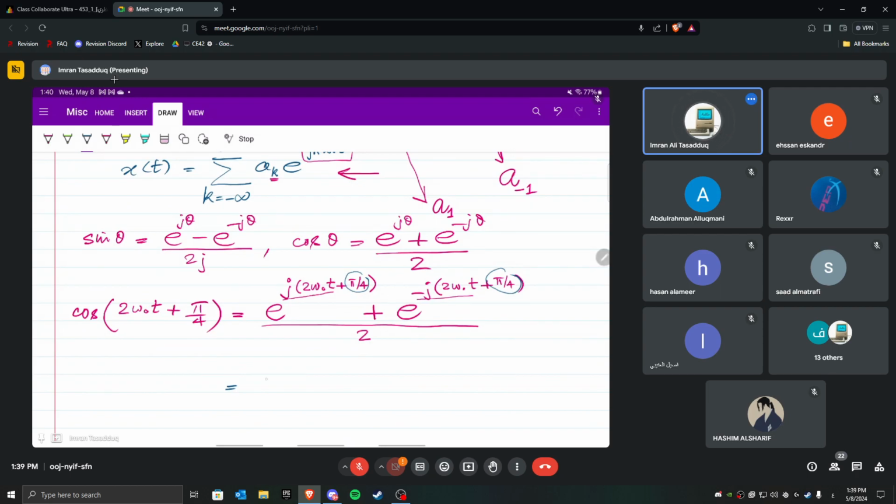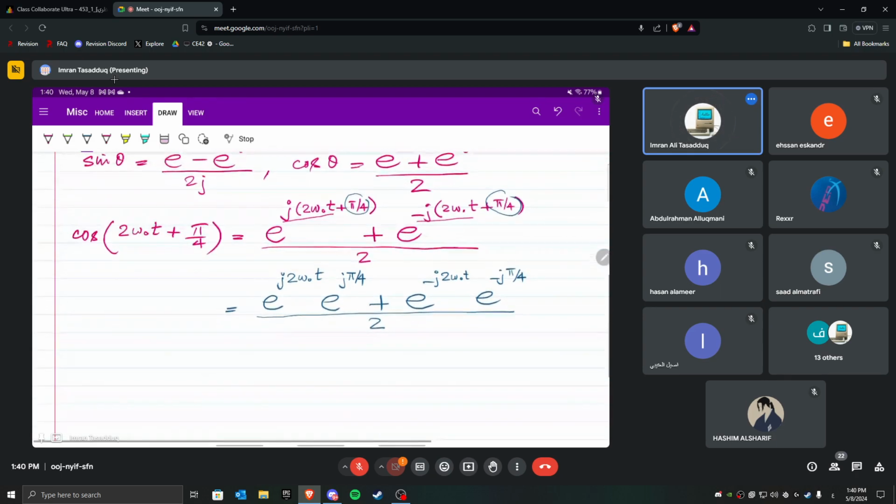So it's going to be e to the power j 2 omega naught t, right? And I can write this as e to the power j. But can I do like that? Right? Because the powers are adding, so I can write them as multipliers, plus e to the power minus j 2 omega naught t into e to the power minus j pi by 4, right? And this whole thing is divided by 2, right?